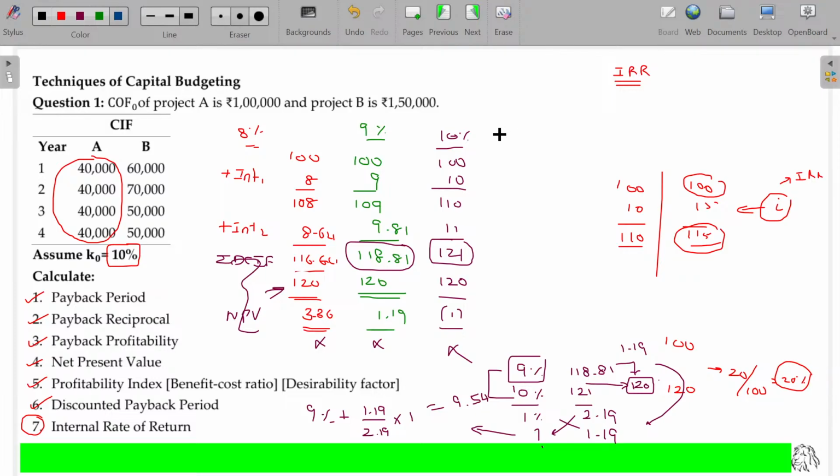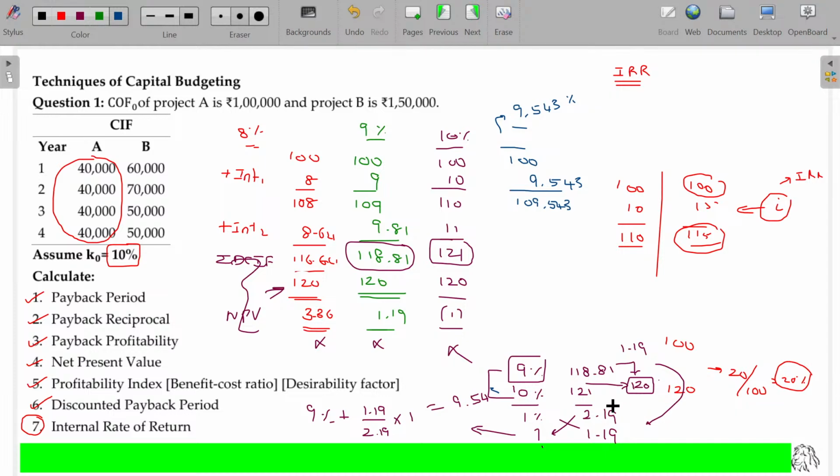Let's try this one. If the rate is 9.543, what could be the value? If I invest 100 rupees today, by the end of the first year I get 9.543, so 109.543. Then you have to add interest on this at the same rate, 109.543 into 9.543.